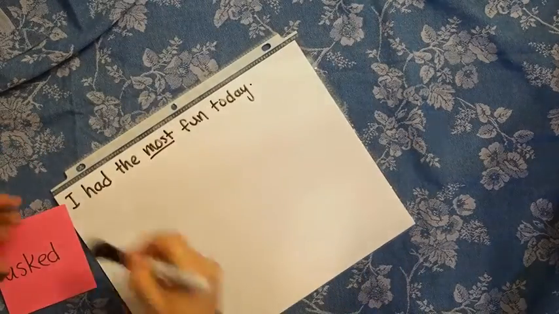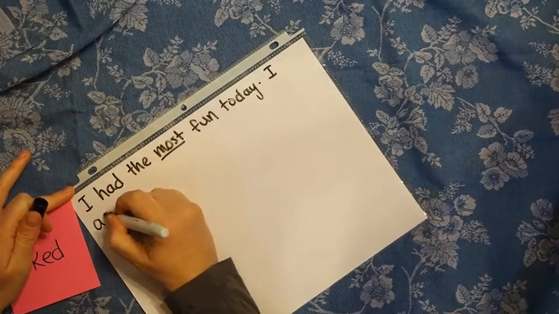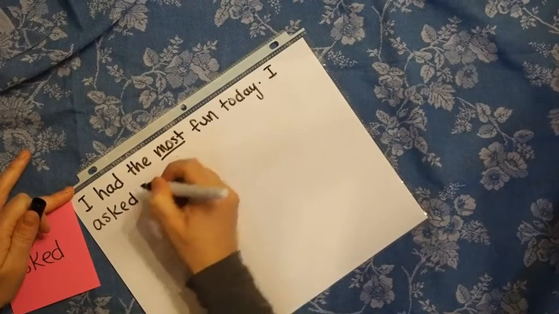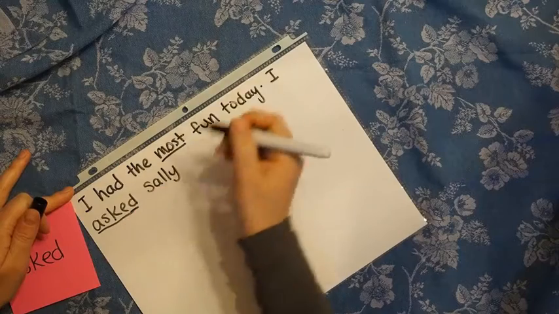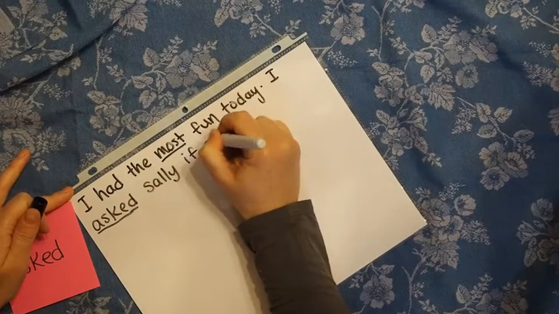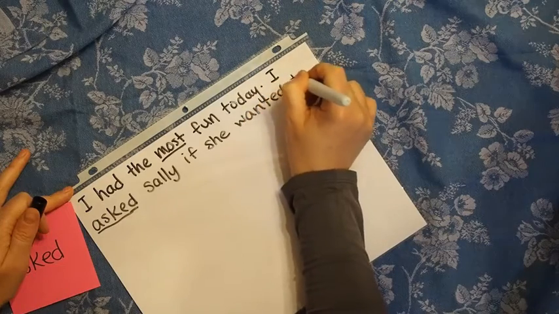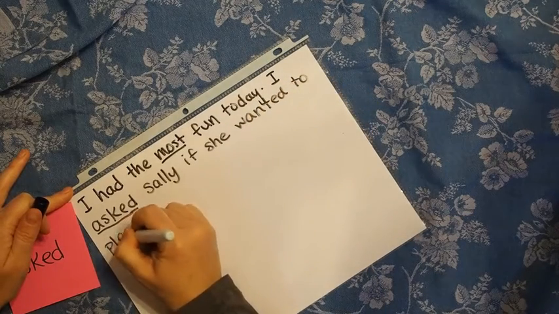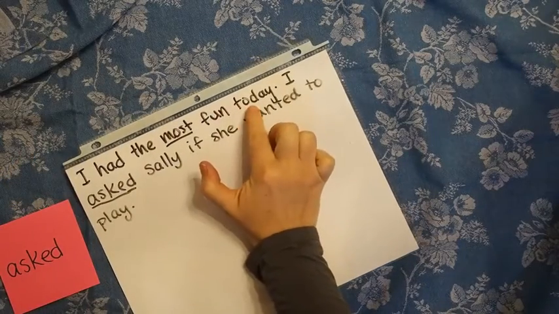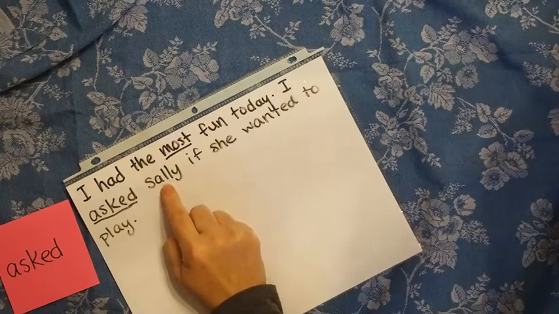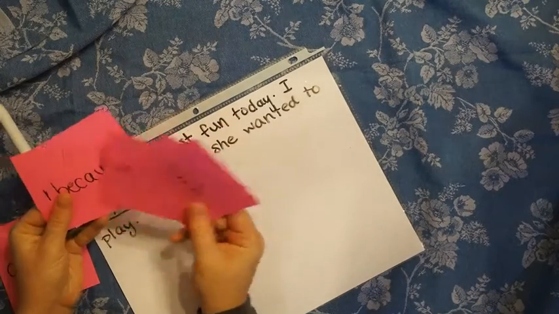Maybe the next adult says, "I asked Sally if she wanted to play." All right, now it's getting more complicated. We're talking about having fun today, and now this person, Sally, is involved. So your child would need to look through here. All right, what could they say next?